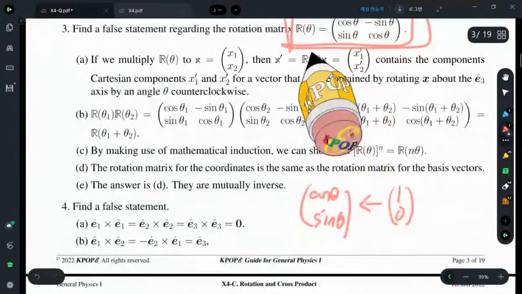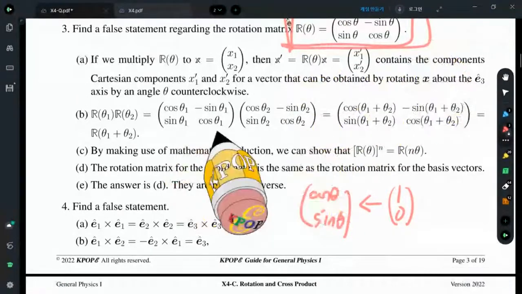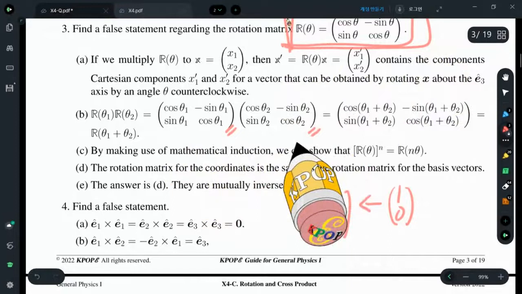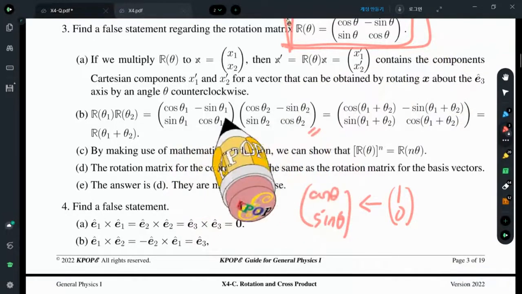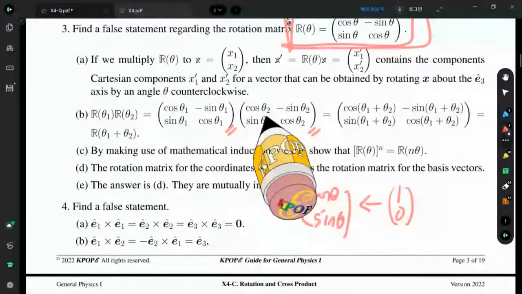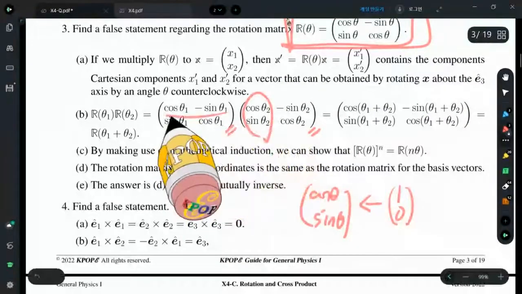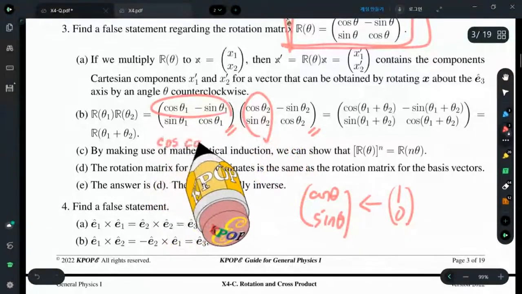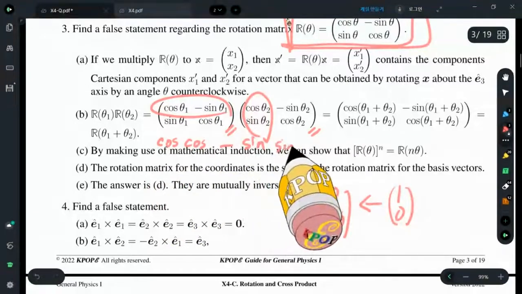So if I do this transformation in series, this is theta 1 and theta 2. The shape is the same, but if I multiply this, the multiplication will give cosine cosine minus sine sine, right?